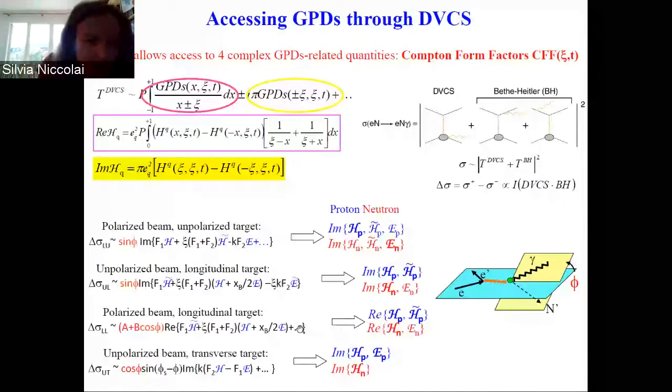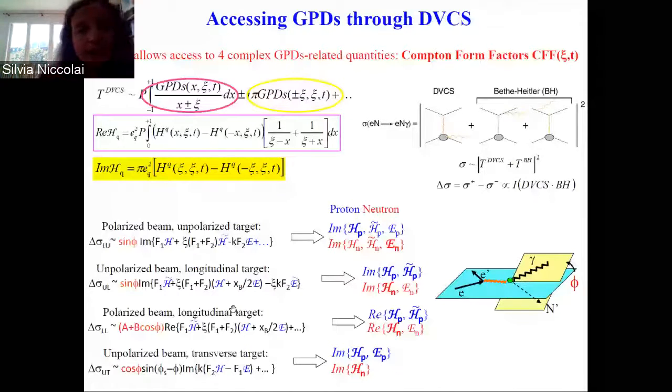So, for instance, the beam spin asymmetry for the proton target is particularly sensitive to the H-related Compton form factors of the proton, while the beam spin asymmetry for a neutron target is sensitive to the E Compton form factor of the neutron. So if we want to extract quark flavor dependence and the different GPDs, we need to measure several observables and for the different targets.